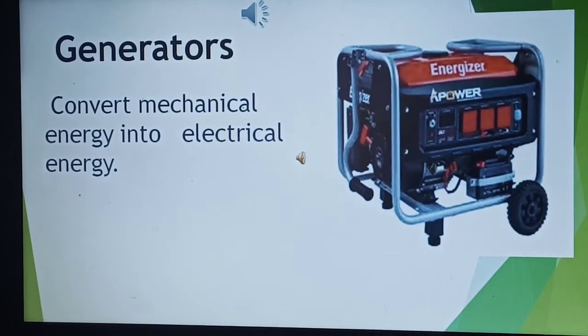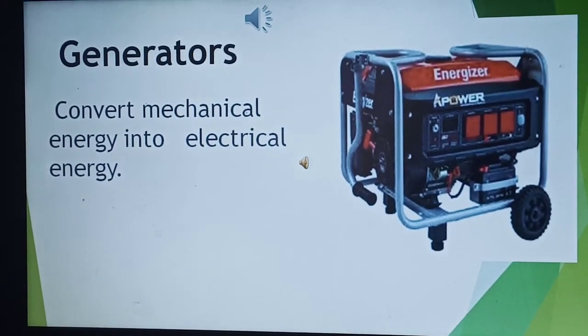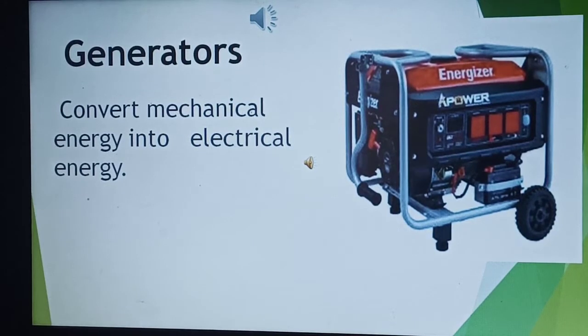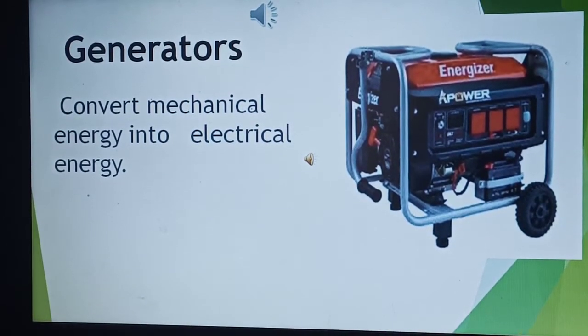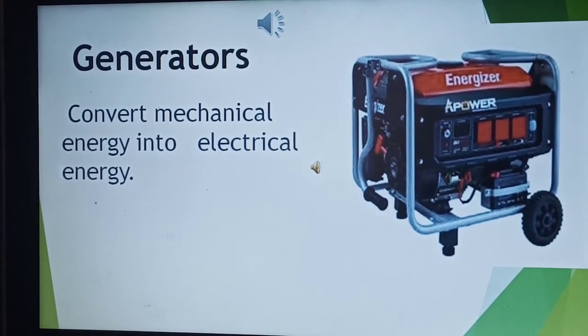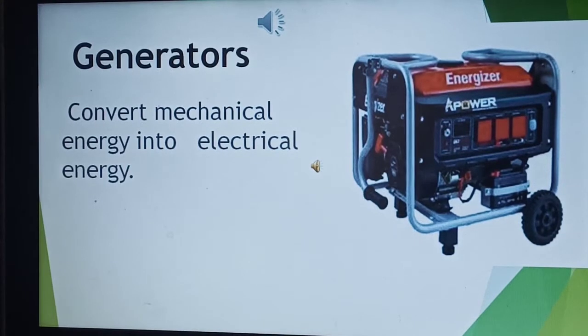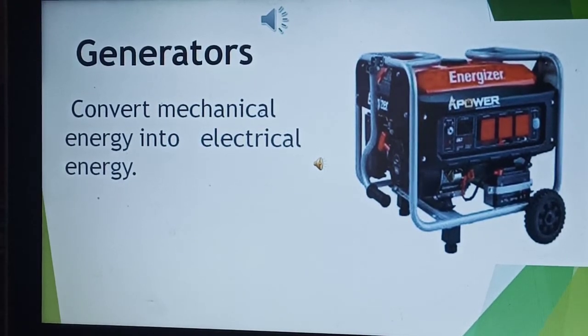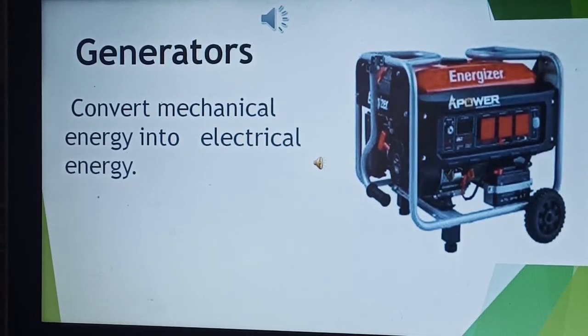Though the generator is not part of my project, I'll give a gist of it so that I can help you understand more about electromechanical systems. So what are generators? Generators are electrical devices that convert mechanical energy into electrical energy. How can I justify it? In generators we have some fuel, which can be diesel or petrol.